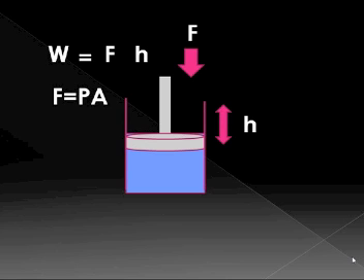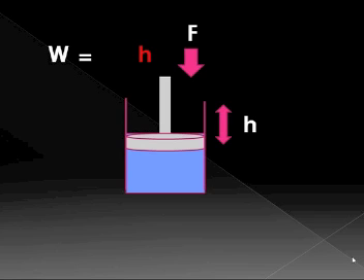Now recall that pressure is force over area, therefore force is pressure times area. Very important. And what we will do is take this pressure times area and put it in for the force. Something very easy to do. So now I have the work equals PA times h.